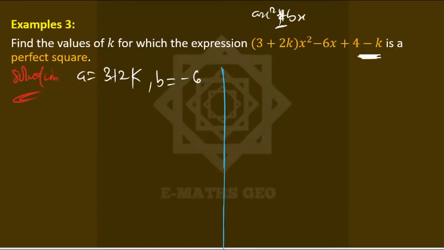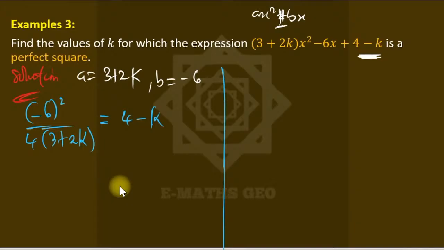So remember, for this expression to be a perfect square, we always add what? b squared over 4a, which is minus 6 all squared over 4 times 3 plus 2k. That's what we add, but they have added it already, which is now 4 minus k. You get the logic. So whatever is remaining here, that's what we added, should be the same as b squared over 4a, which is minus 6 squared over 4 times 3 plus 2k.